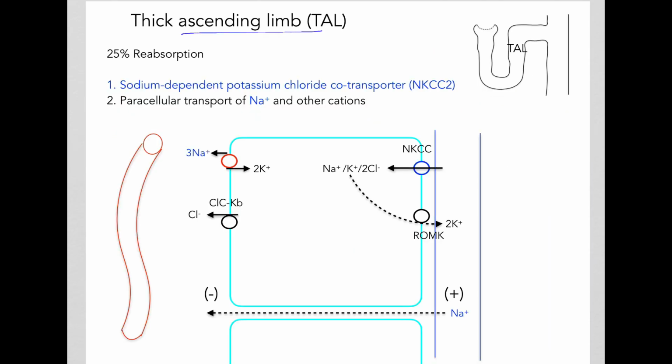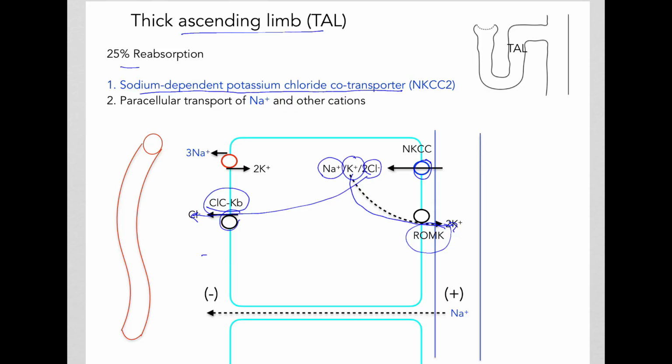In the thick ascending limb, where 25% sodium reabsorption occurs, we have the NKCC, this sodium-dependent potassium chloride cotransporter that brings in sodium chloride as well as potassium. This potassium then is sent back out into the cavity by this protein ROMK. The chloride is sent out of the cell through this CLC-KB protein.